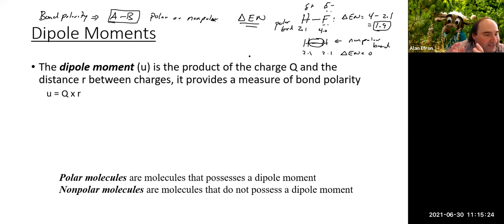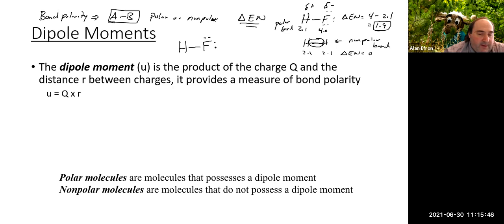Here, because there is still some sharing happening, we don't get those full charges. We get a partially positive charge and a partially negative charge, because they're not sharing equally.